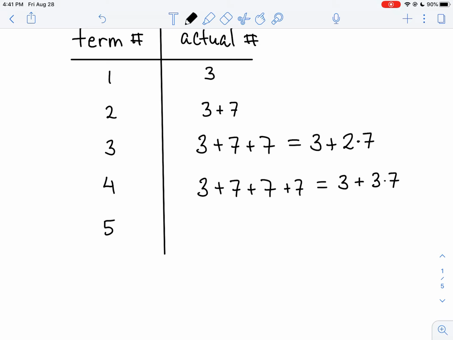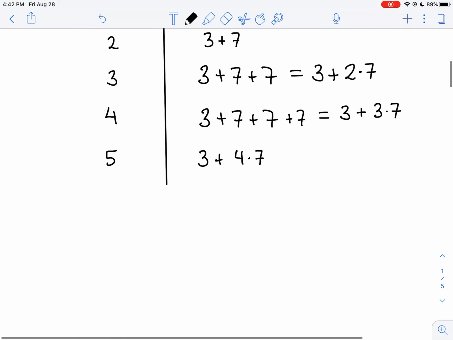Okay, I'm going to start simplifying a little bit. To get to the fifth term, we start with 3 and we add 1, 2, 3, 4 7s, right, to get to this number. To get to the sixth, we started with 3 and, predict, how many 7s do we add to get to the 6th position? 5 7s.